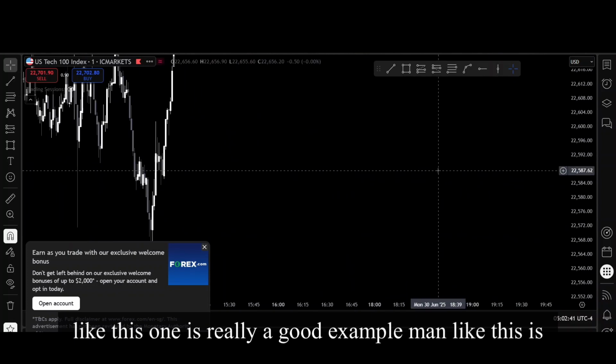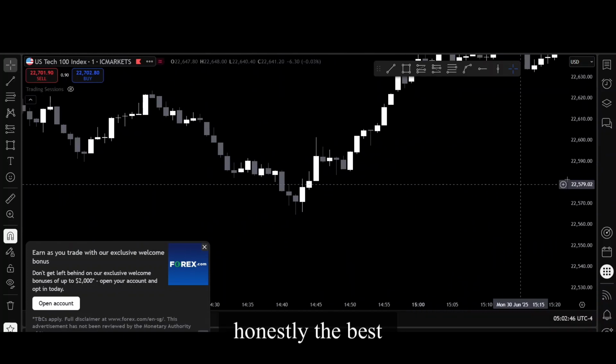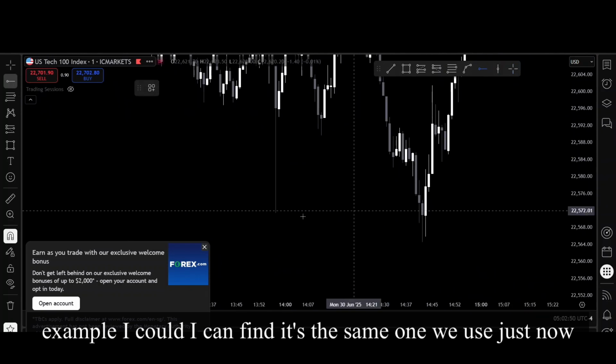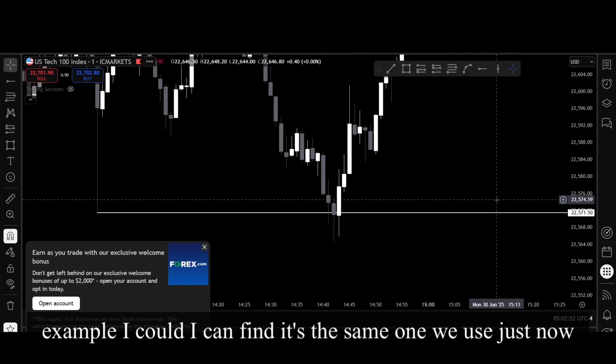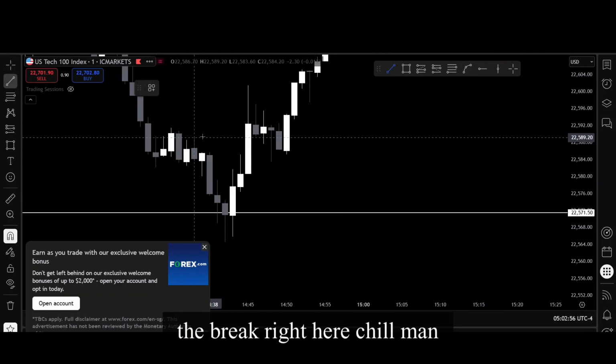This one is really a good example. Honestly, this is the best example I can find. It's the same one we used just now. Got the sweep here. The break right here.